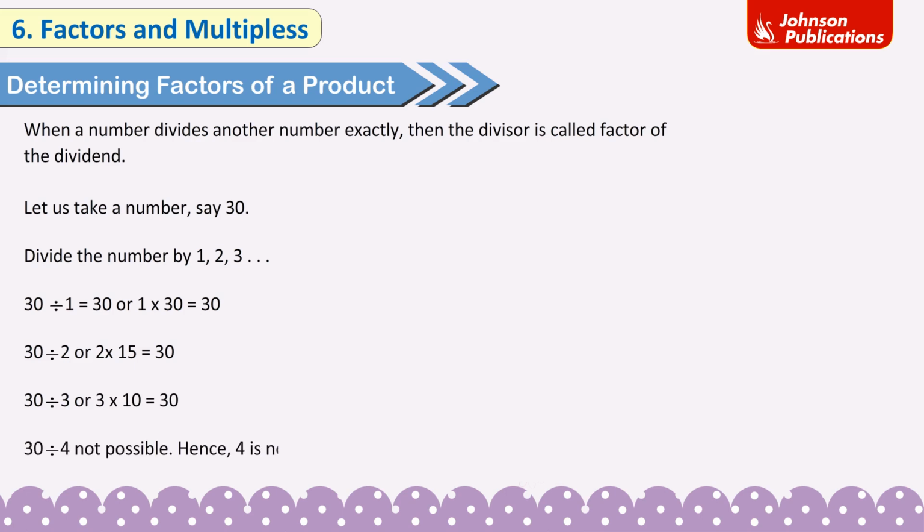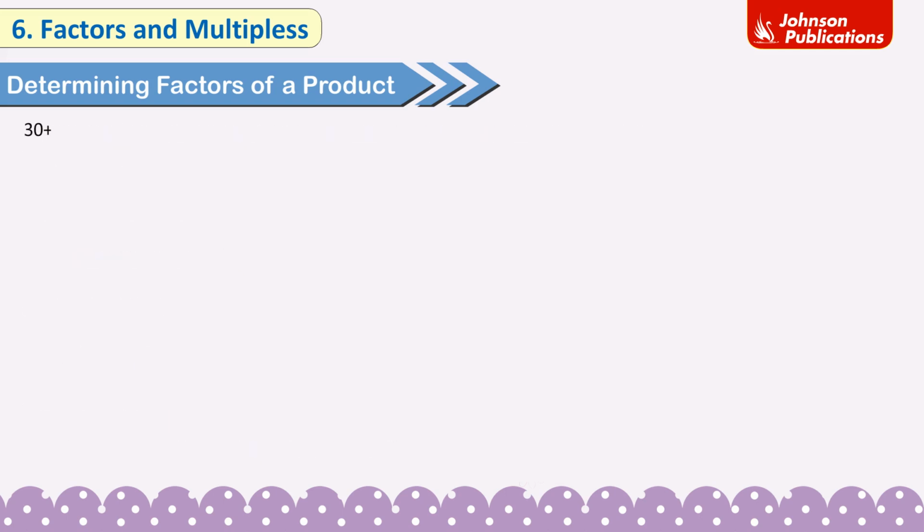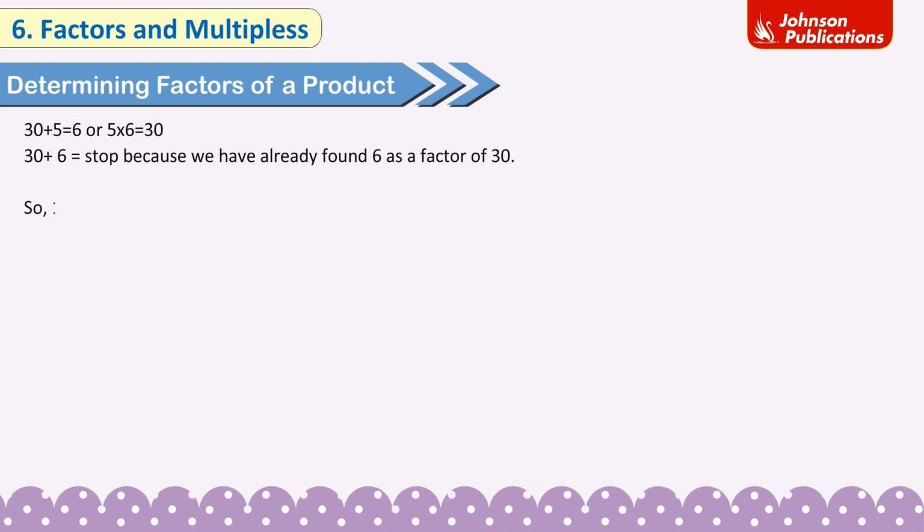Hence, 4 is not a factor of 30. 30 divided by 5 is equal to 6, or 5 multiplied by 6 is equal to 30. 30 divided by 6: stop, because we have already found 6 as a factor of 30. So, 1, 2, 3, 5, 6, 10 and 30 are all factors of 30.